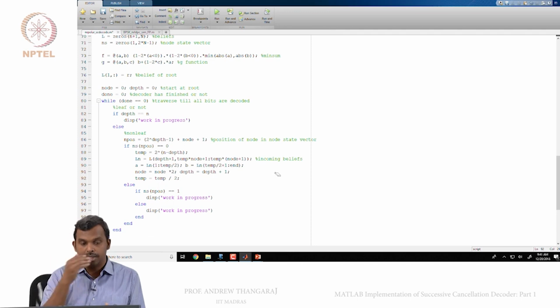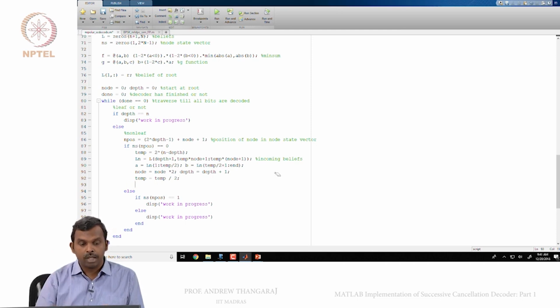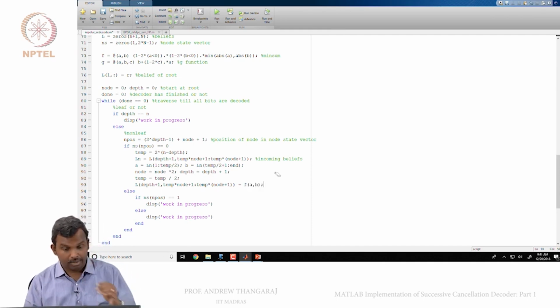Initially I was at a certain incoming belief length, the belief length is going down by 2, and now I can assign what should go in L of depth plus 1, comma, the same thing, temp into node plus 1 colon temp into node plus 1 equals f of a comma b. That's it.